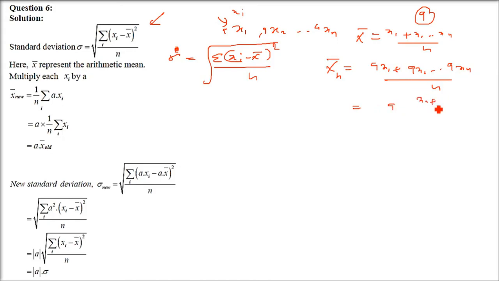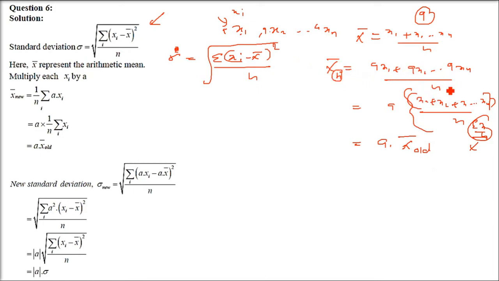It is simply a times x1 plus x2 till xn divided by n. This is sigma x by n, which is x bar only. So the new mean is a multiplied by the old mean. This is how you get the new mean.